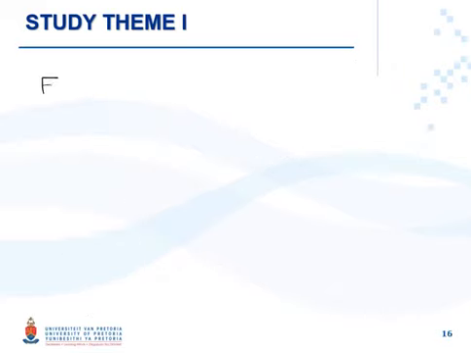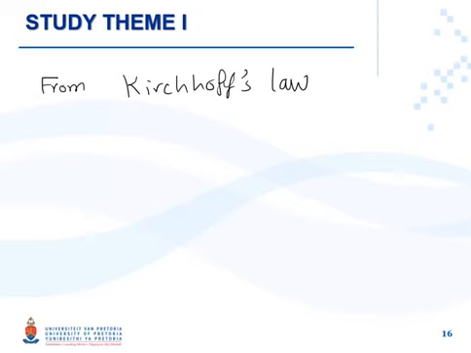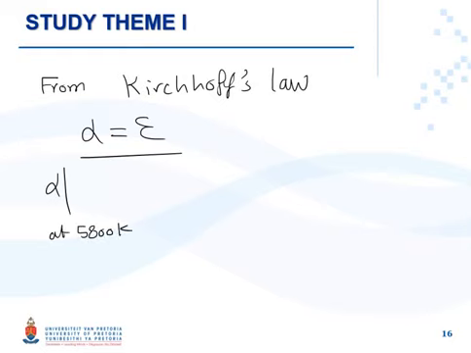So from Kirchhoff's law, alpha at 580 degrees, we said it was equal to 0.638, and alpha at 300 Kelvin was equal to 0.05.